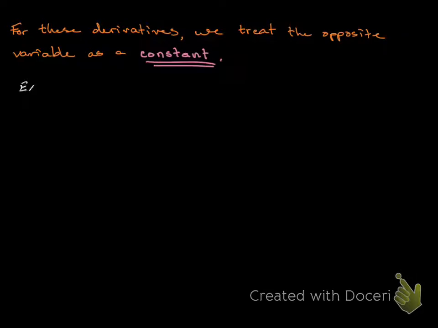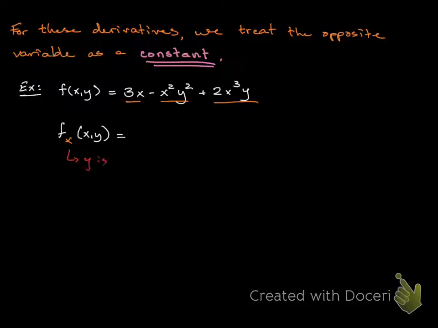So for example, if I'm taking partial derivatives of this function here, 3x minus x squared y squared plus 2x cubed y, if I'm taking the partial derivative with respect to x, then I'm going to treat y as a constant. I've underlined the three terms here.